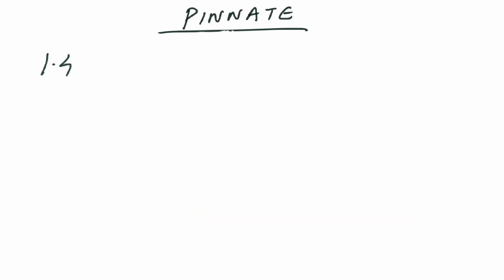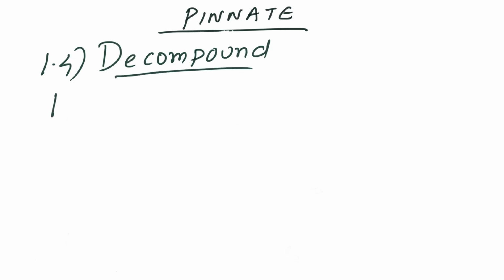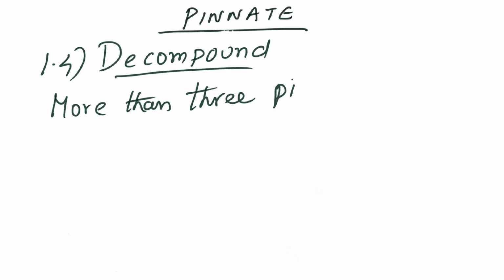Going on, it was unipinnate, bipinnate, tripinnate. Naturally, the next division deals with more divisions, and it's called decompound. Basically, it means that it's more than thrice pinnate, which means more than 3 divisions.